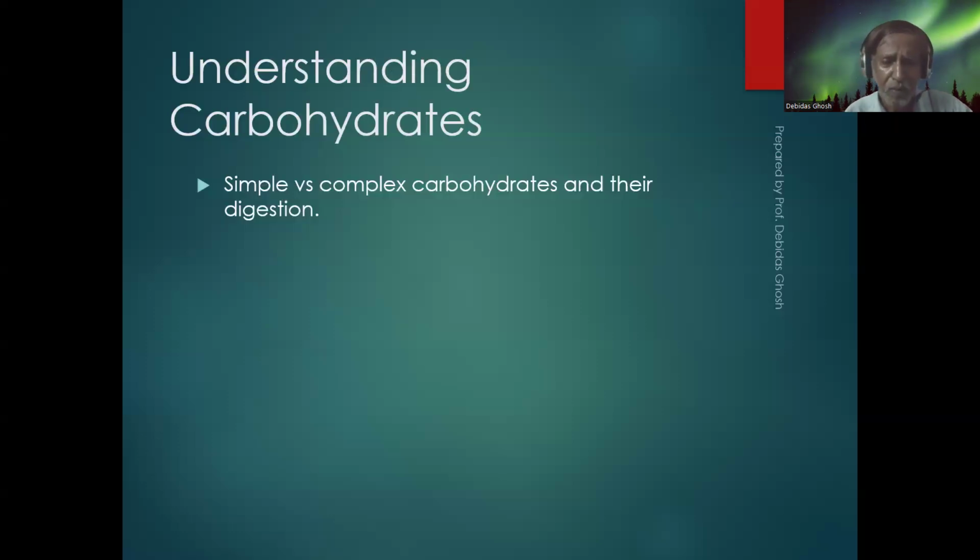Now, for controlling blood glucose level in diabetes, we will not include simple carbohydrate in the diet. We mainly include complex carbohydrate, because complex carbohydrate is digested at a very slow rate.